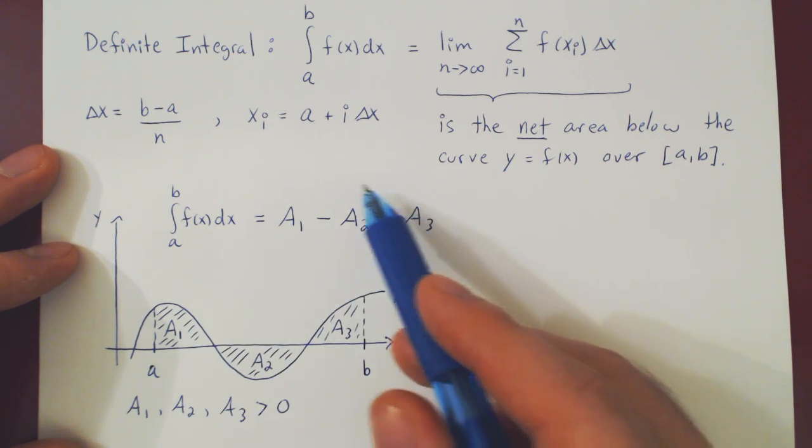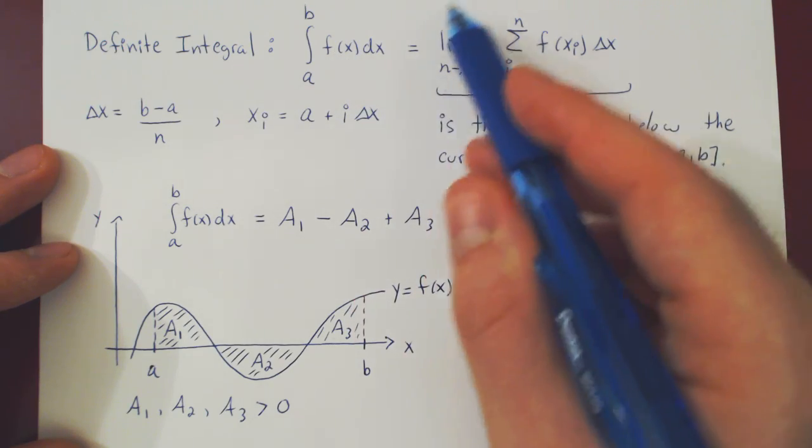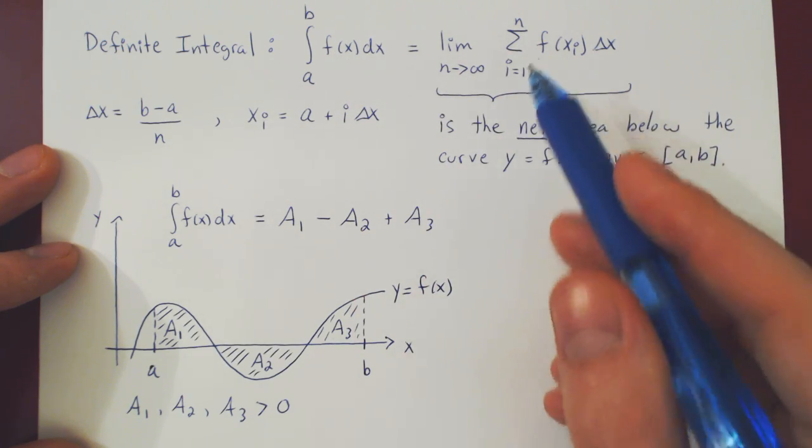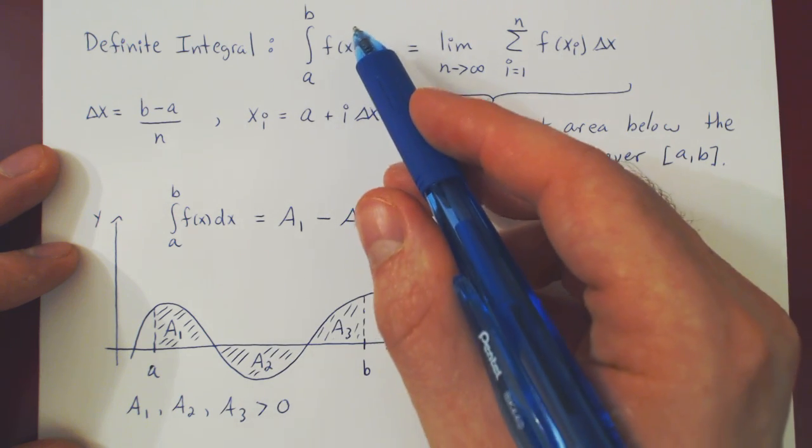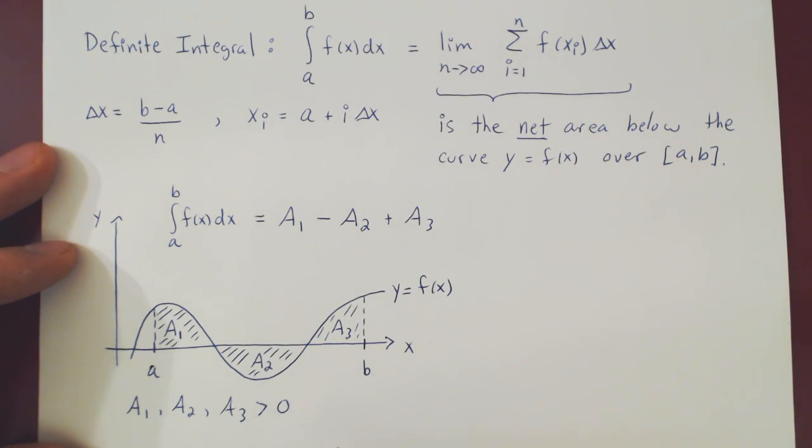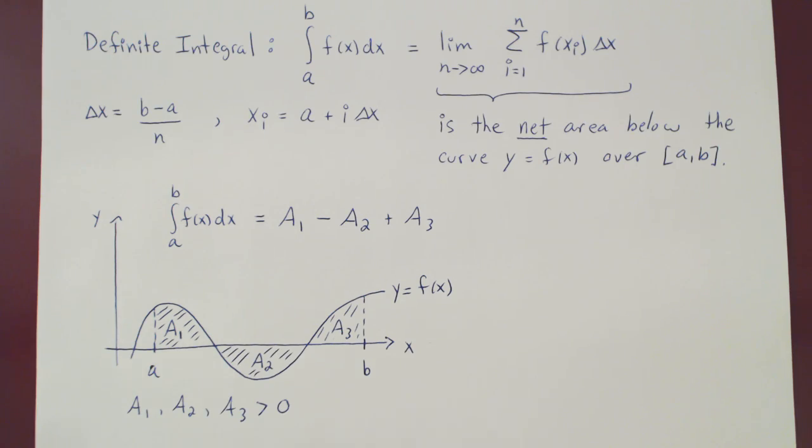And that is the geometric interpretation of the limit of the Riemann sum when f may be allowed to be negative, which is what we call the definite integral. So there you go.